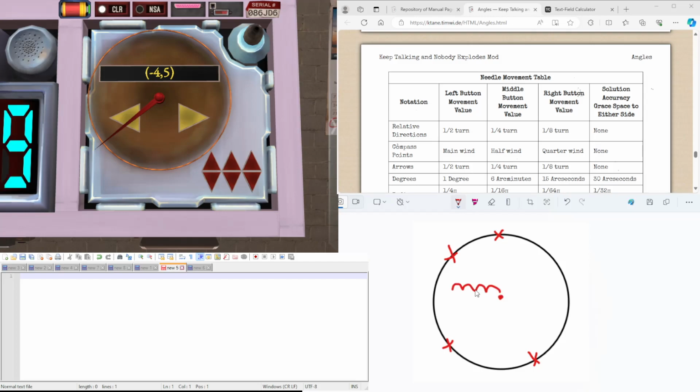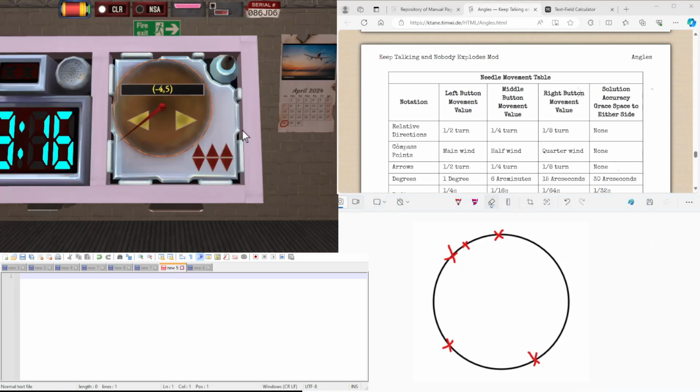So we're on 1, 2, 3, 4 now, and 1, 2, 3, 4, 5. So sort of this sort of angle. So we're going to go sort of around there. That's the one I'm currently the least confident with.